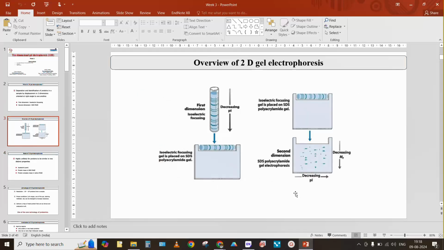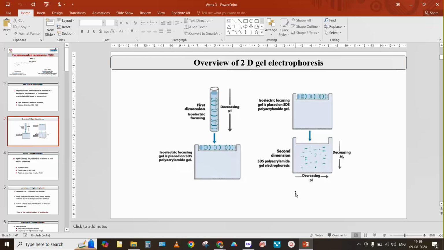This is the overview of 2D gel electrophoresis, where the first dimension, isoelectric focusing, is moving towards decreasing isoelectric point. Here the isoelectric focusing gel is placed on the SDS polyacrylamide gel, and in the second dimension, as you can see, it is in decreasing isoelectric point.